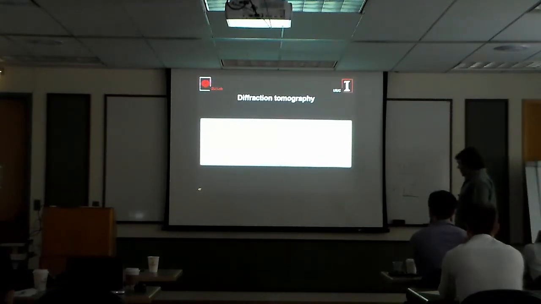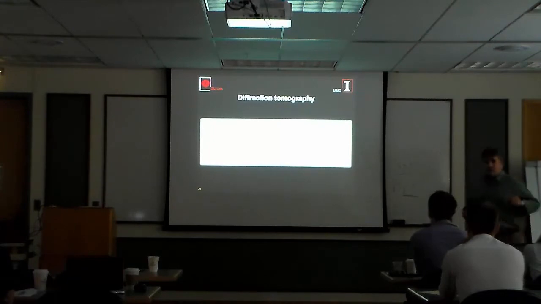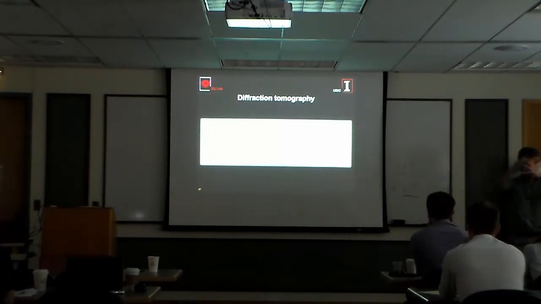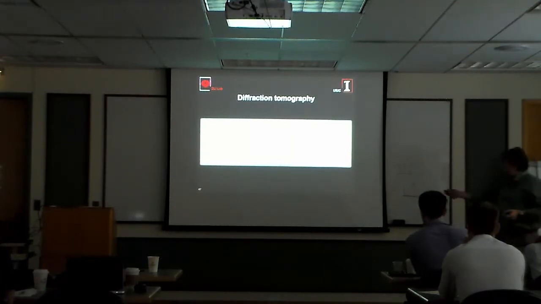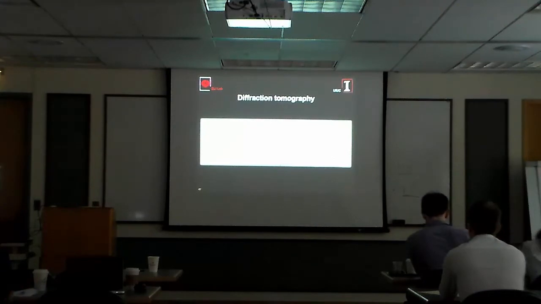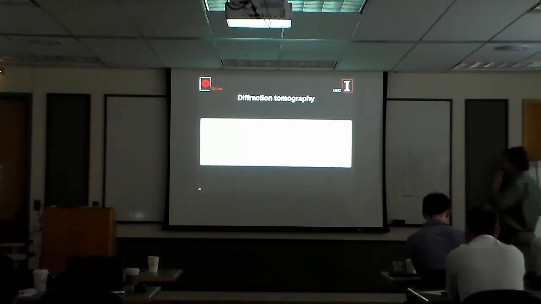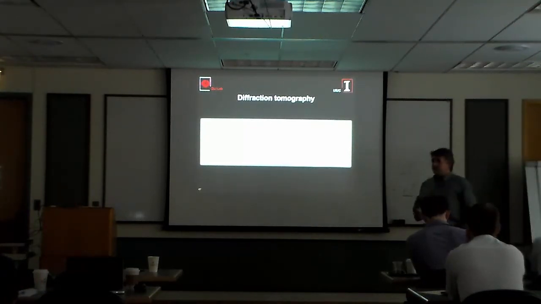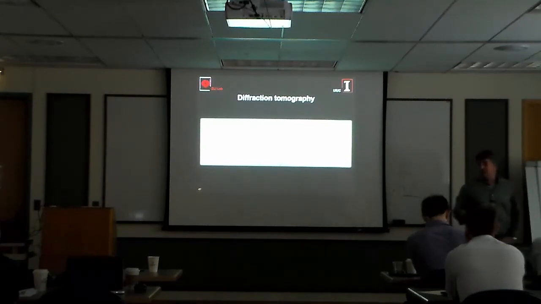And a paper by Wolf in 1969 took the idea of X-ray diffraction with holography and wrote down the equation that allows you to invert the problem, solve the inverse problem. And this became a classical paper that is known as the diffraction tomography paper.